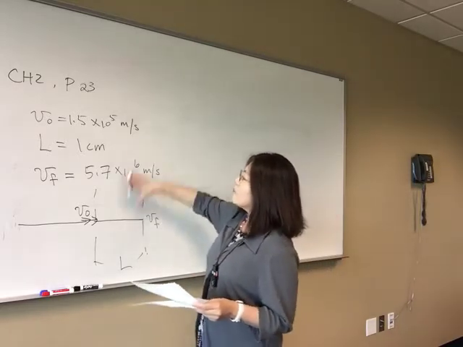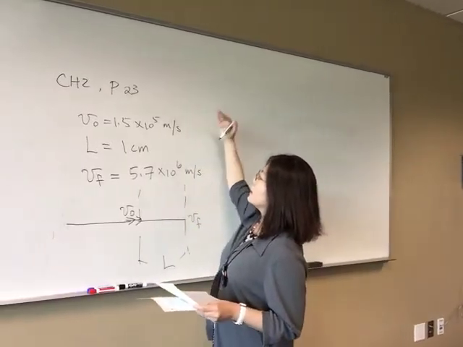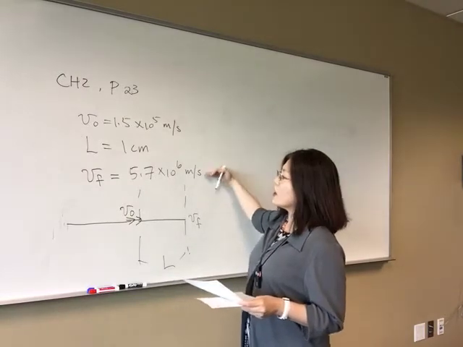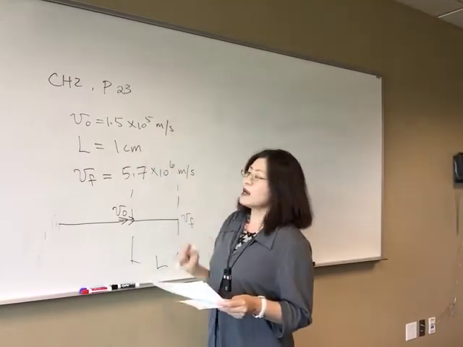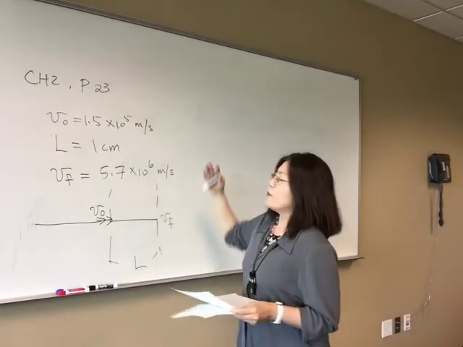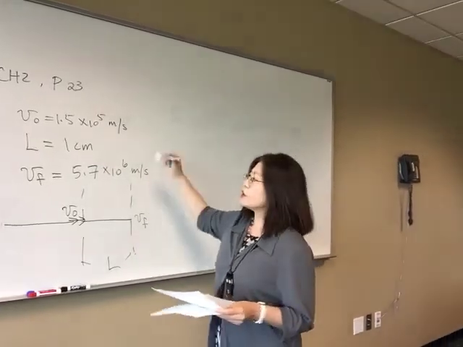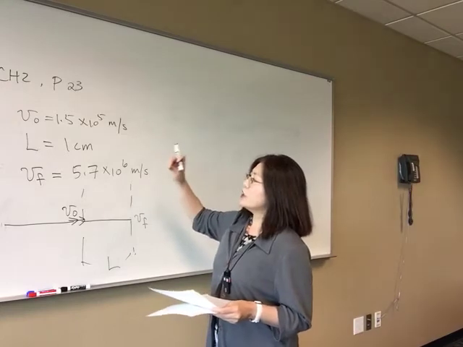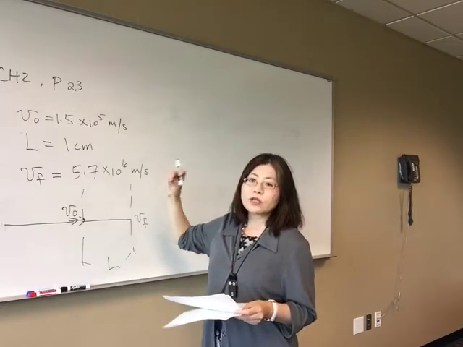So if you look at the information, you're given the initial velocity, you're given the final velocity, you're given a distance. However, you're not given the time information. So based on the equations of motion, we need to pick the equation that has no time.